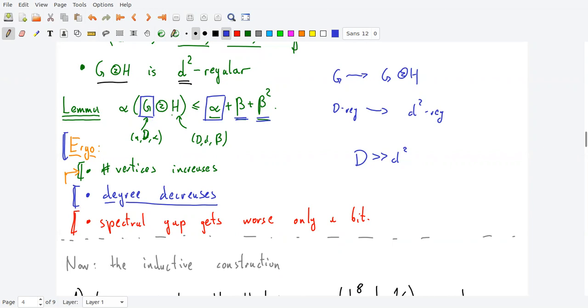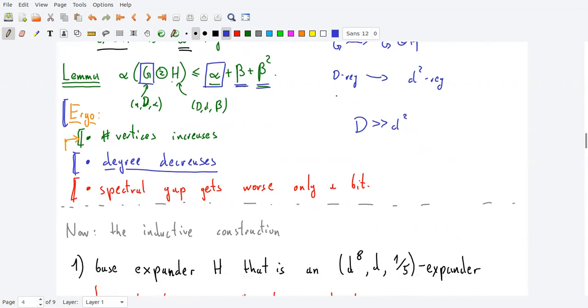Good. Are there any questions about zigzag? I did not define the zigzag so far, but I stated its properties. Good.